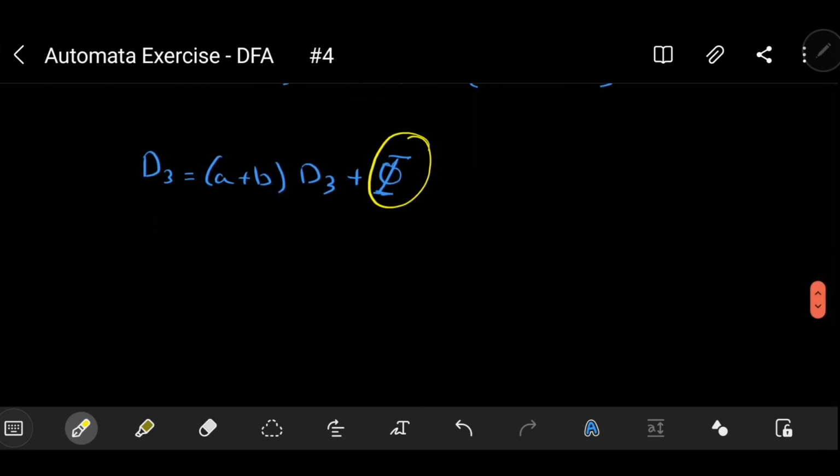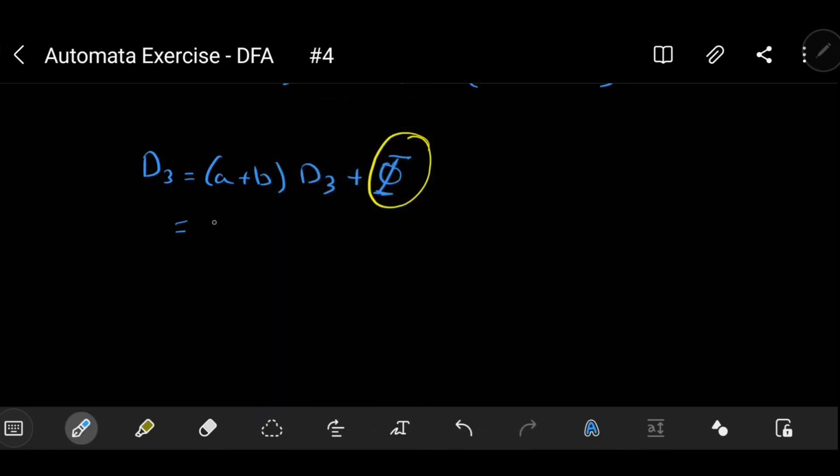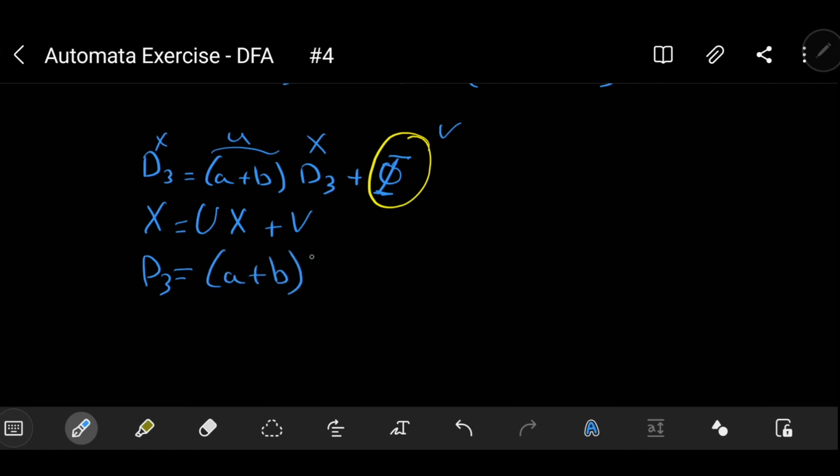Using the above formula, x equal to u x plus v, v is here, x is here, and u is here. So D3 is equal to A plus B star phi, and this is equal to phi.